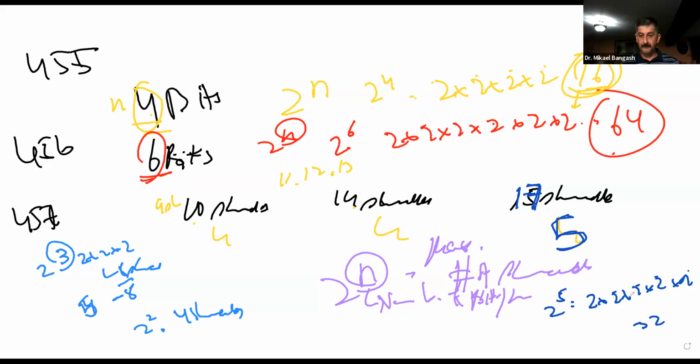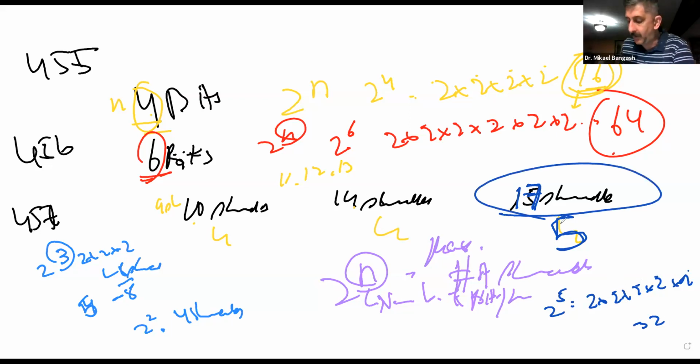So 5 bits can display anything from 16 sheets to 32 sheets. Yes, 17 sheets fall under that range, if you want to put it that way. Did you guys get that?